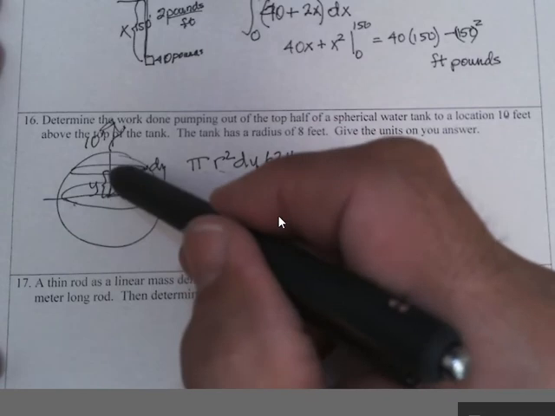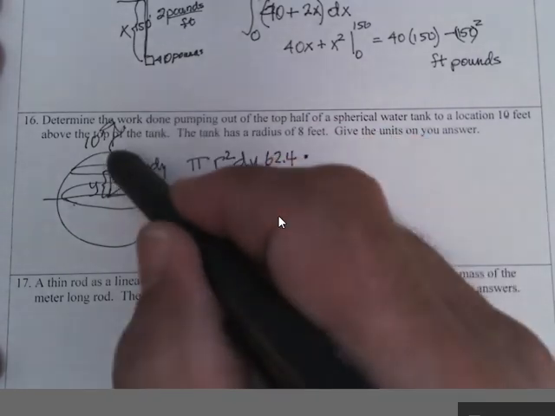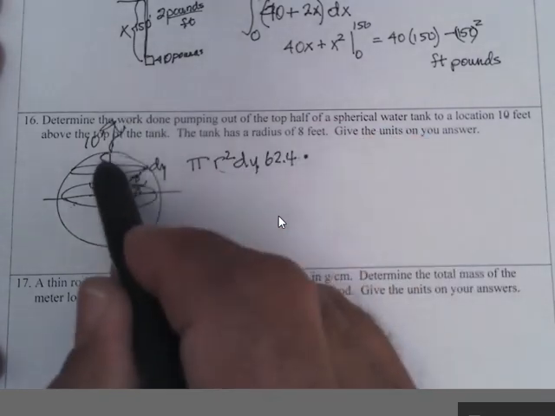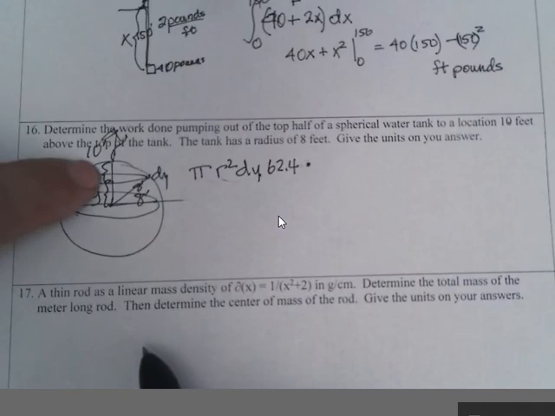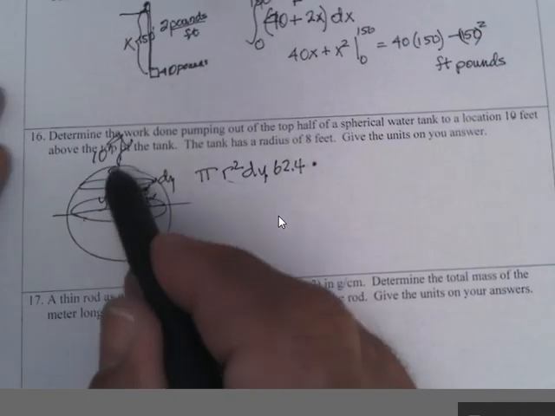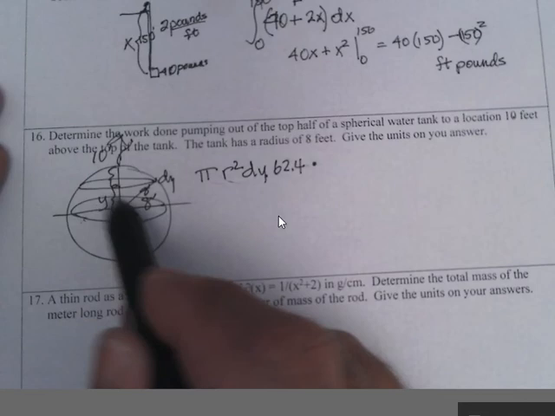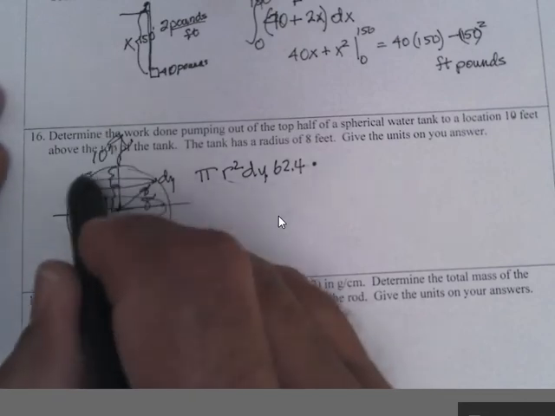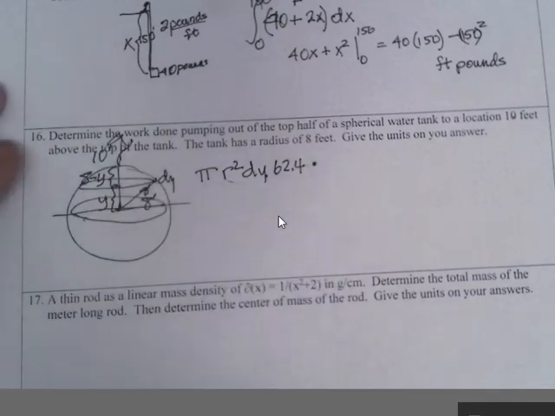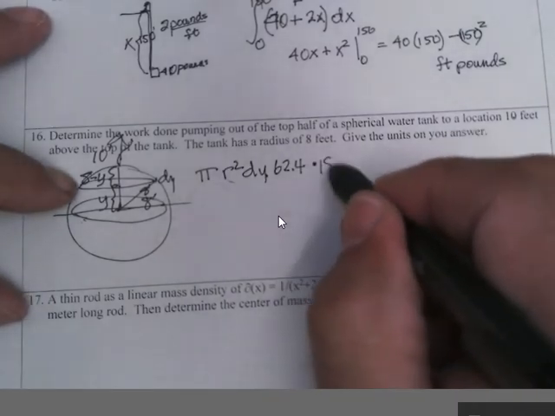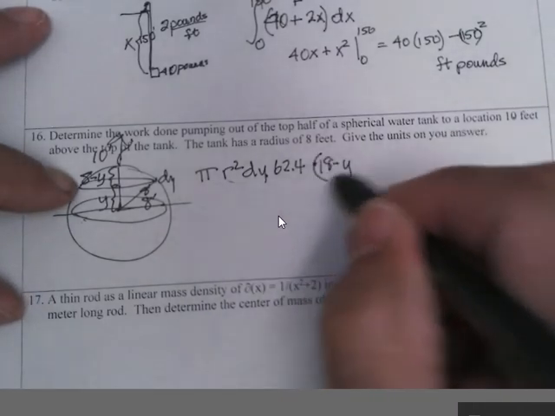Well, we're going to take this slice up 10 plus this distance. Now that's not y, this is y. That whole length is 8, and this is y, so this is 8 minus y, so we have 10 plus 8 minus y, which is 18 minus y.